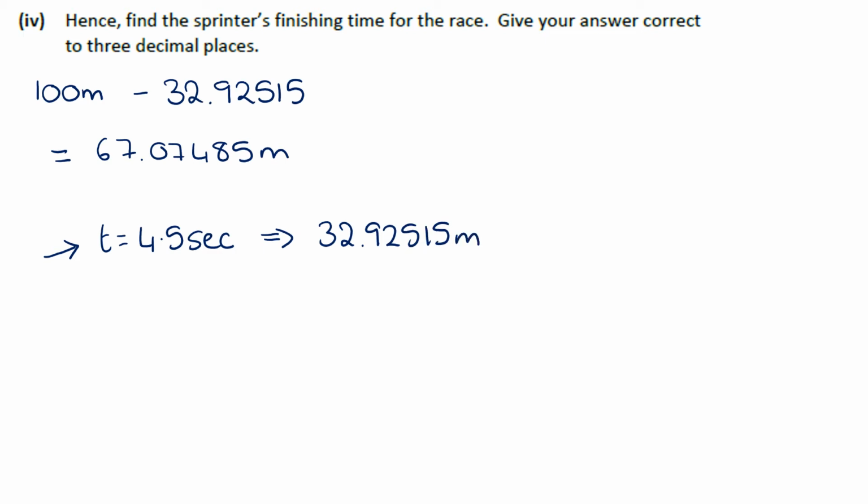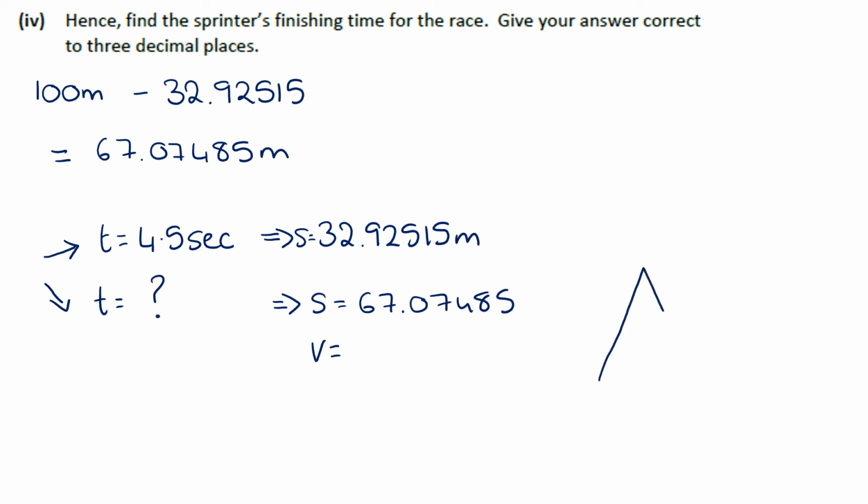32.92515 meters. In the second section, we don't know the time yet, but we do know that the S is equal to 67.07485. Because we also know the speed for this section, what we're going to do is go back to distance, speed, time. Now that S is a capital S, which means it stands for speed.